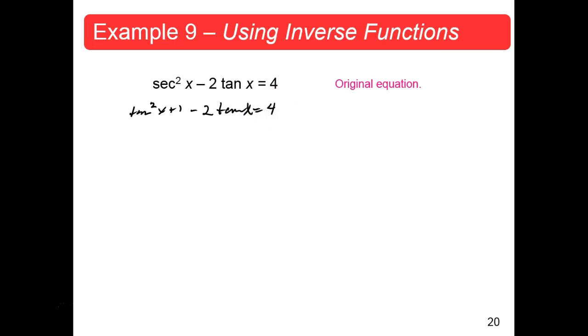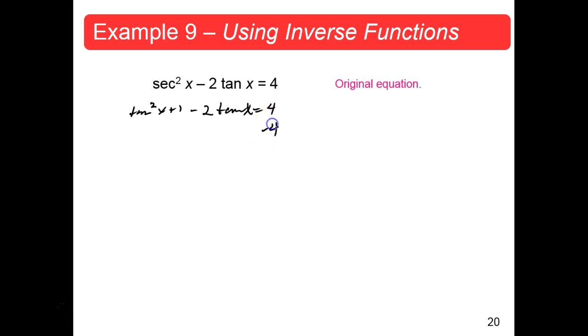Okay, now what? Subtract the 1 over. Okay, I think I'd go the other way, because you got a quadratic. You want everything on one side, 0 on the other side. Subtract the 4 over.